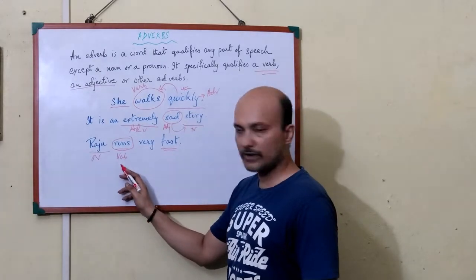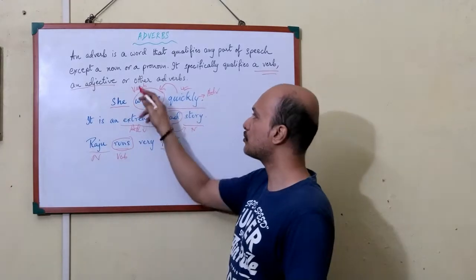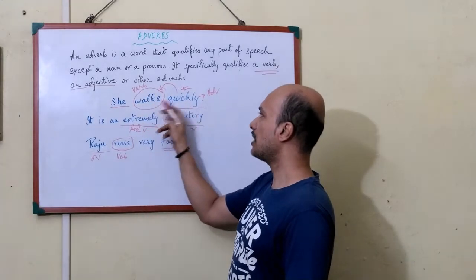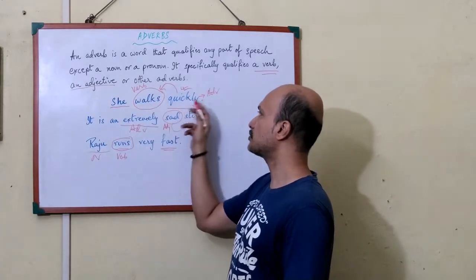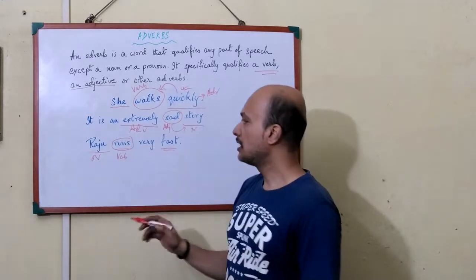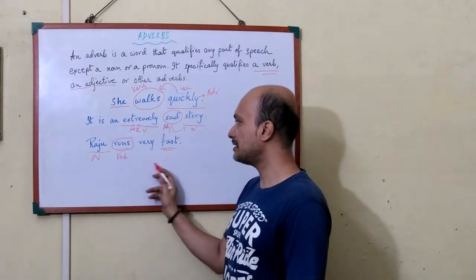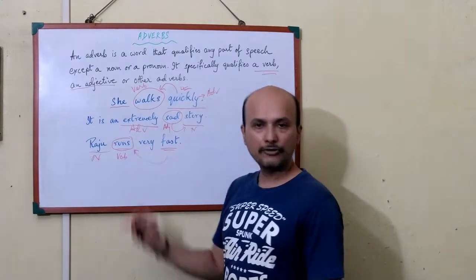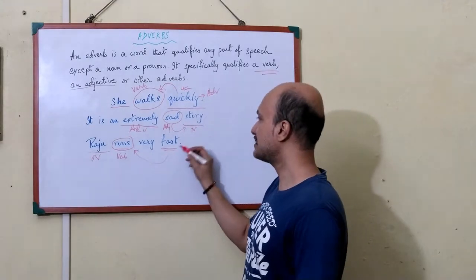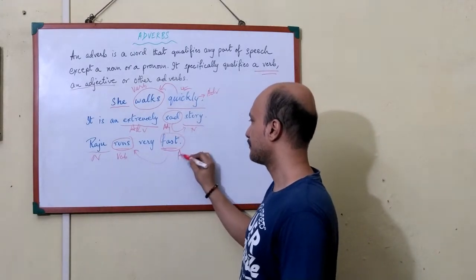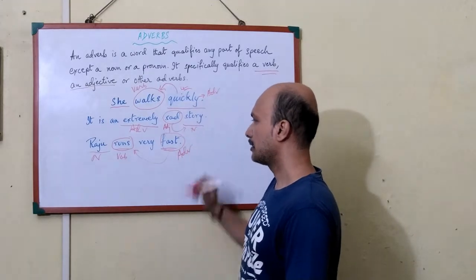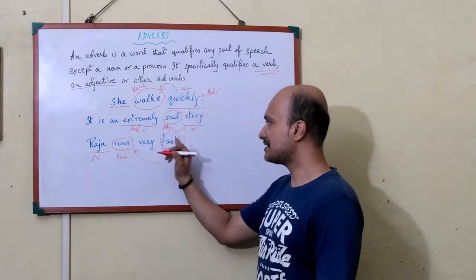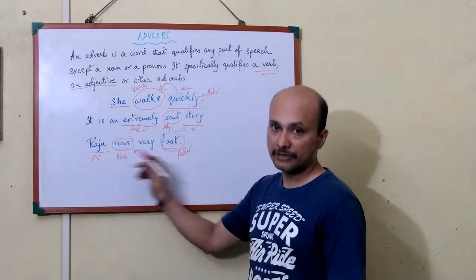And you know a word which qualifies a verb is an adverb. See, she walks quickly. Here quickly qualifies the verb, so quickly is an adverb. Here fast is qualifying this particular verb. So fast is an adverb. Why? It is qualifying the verb.